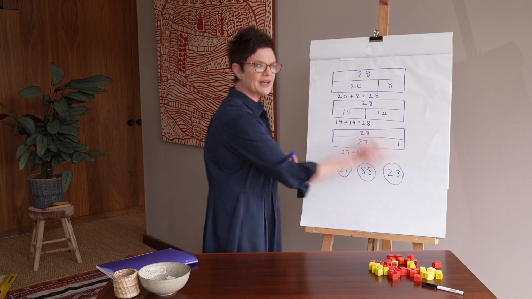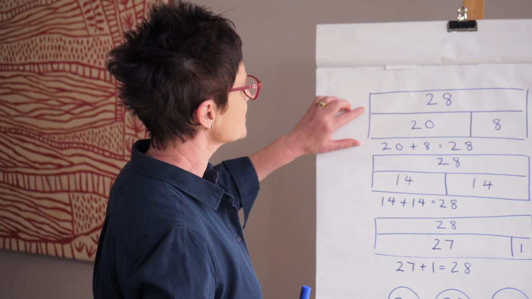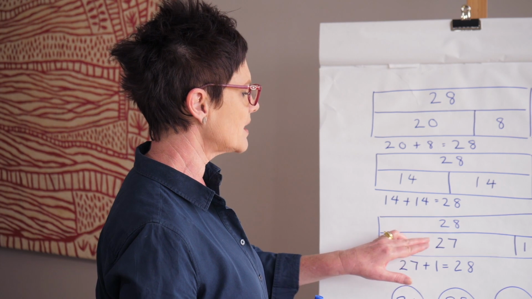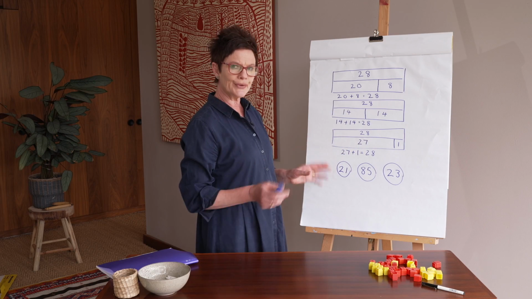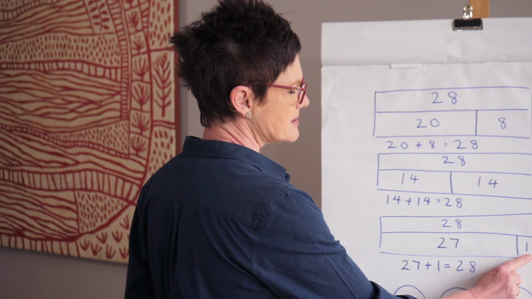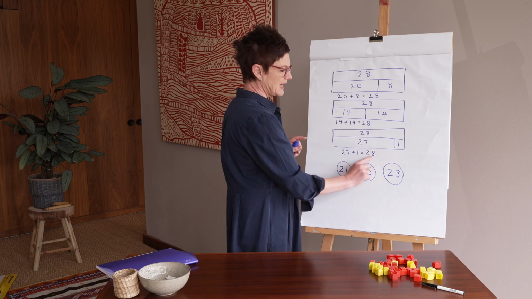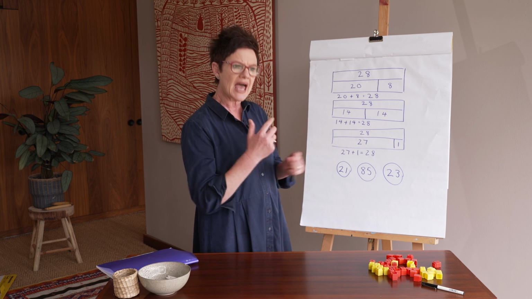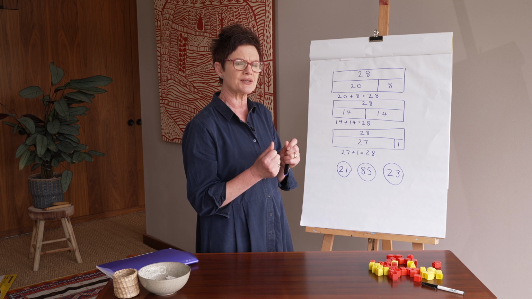So with your favourite numbers, I would like you to make some more bar models to help us with our addition. When we know that a number, a whole number, has parts and we can make these number sentences, we get much better at recognising how to use our addition.